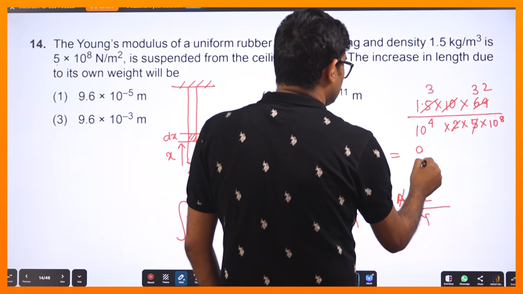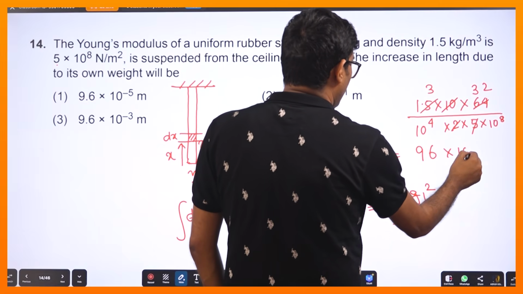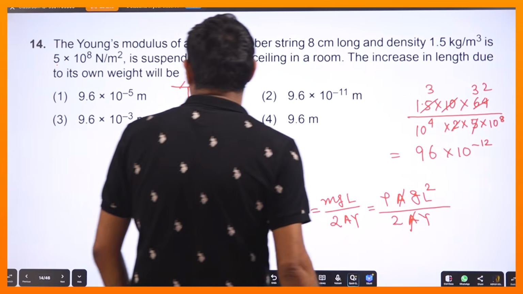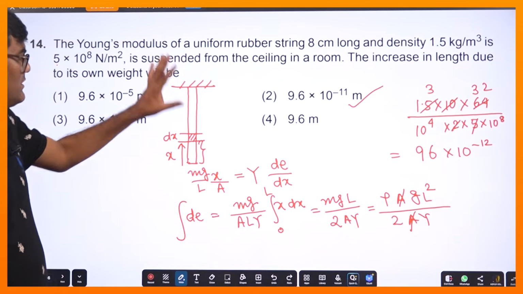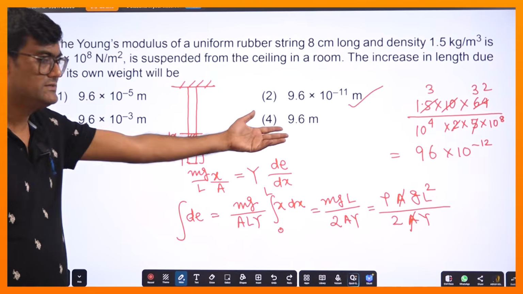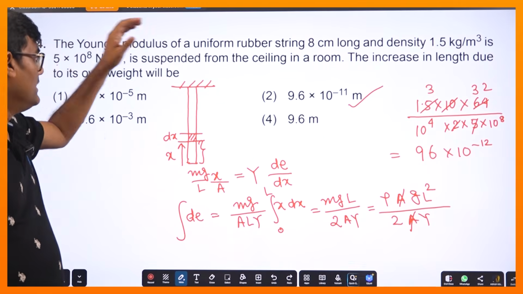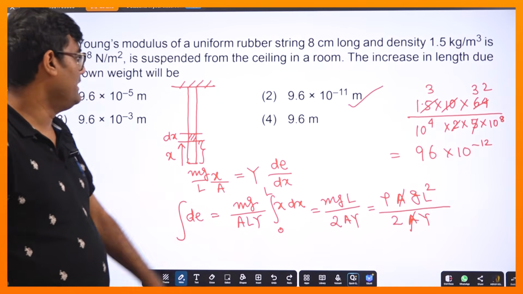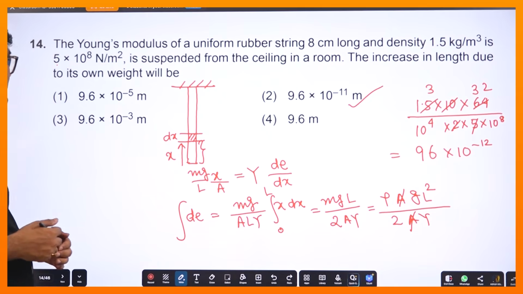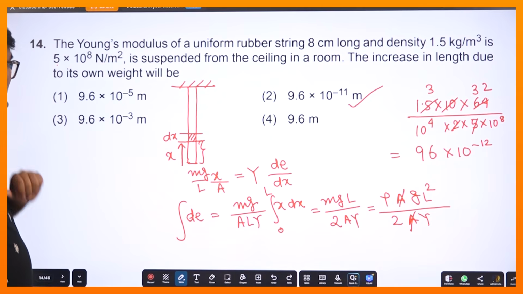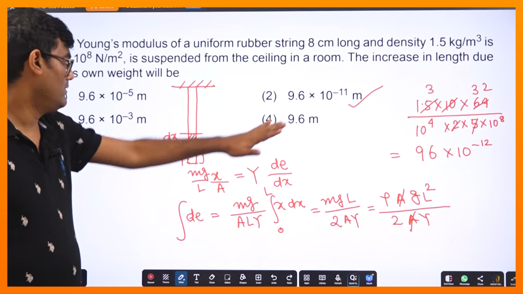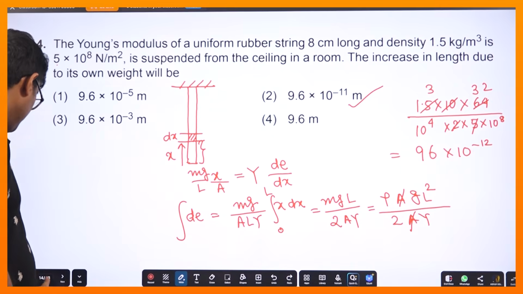So this is 96 into 10 power minus 12. So of course it's 9.6 into 10 power minus 11 meter, right? I was guessing for the minimum value because 9.6 is obviously not the answer, because it is 8 centimeter. How can it be 9.6 meter, right? That is also practically logical, but okay, you can solve it, right?